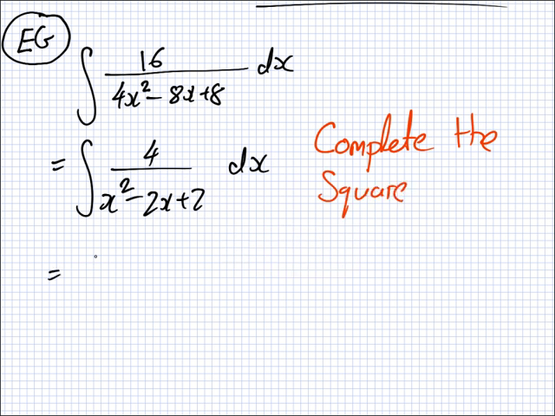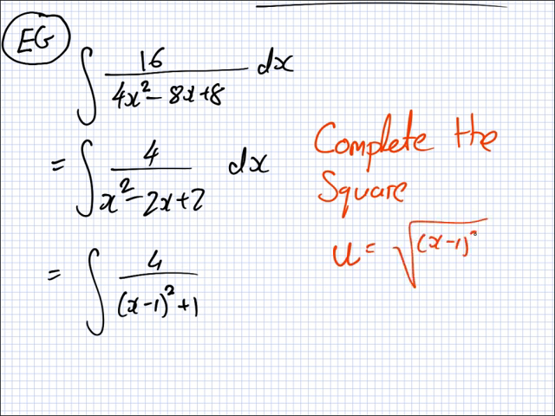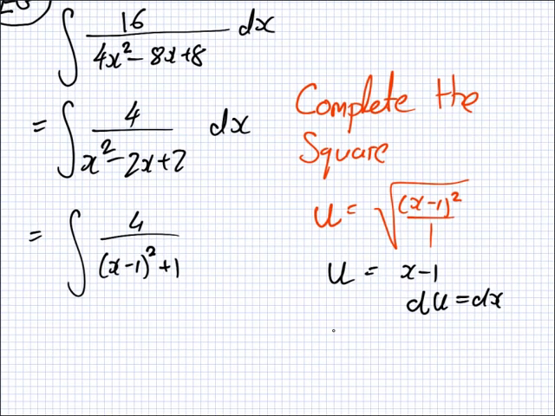So this is equal to 4 over x minus 1 squared plus 1. So that means u equals the root of x minus 1 squared, so u equals x minus 1. So this means du equals dx. Also, u squared plus 1 equals x minus 1 squared plus 1.